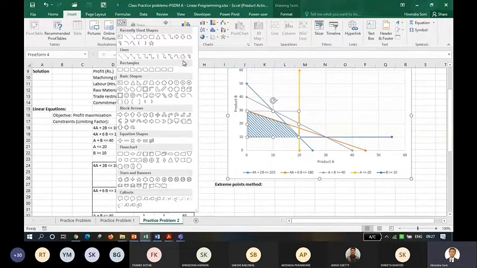You keep clicking, and it creates the shape accordingly. It connects all the clicks by straight lines. And if you want to make curves, you can use this. This is for free hand. But all these are for lines and so on. Fine.